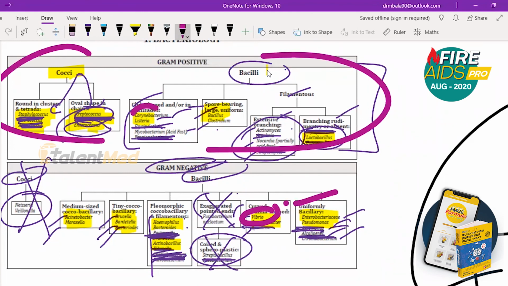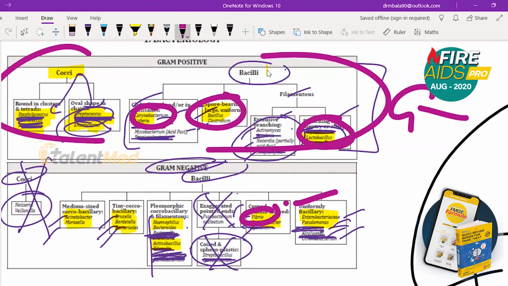All those other options provided are gram positive organisms. So that is where your smartness will revive in the examination.